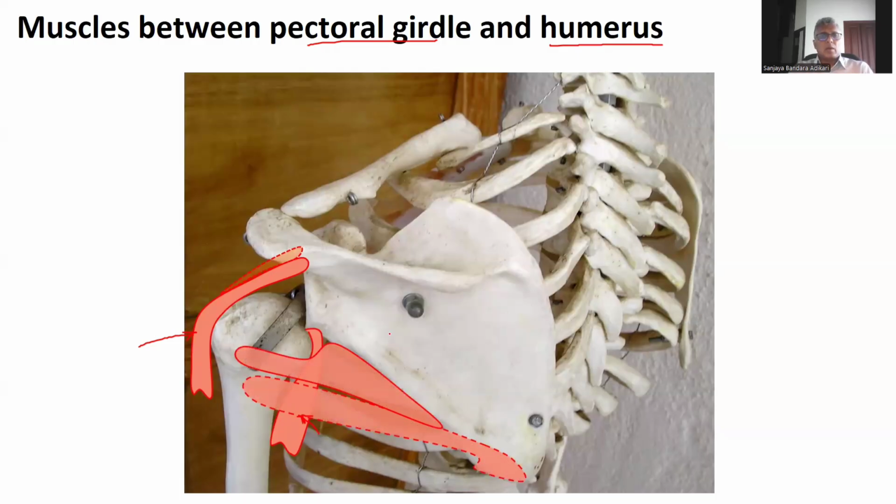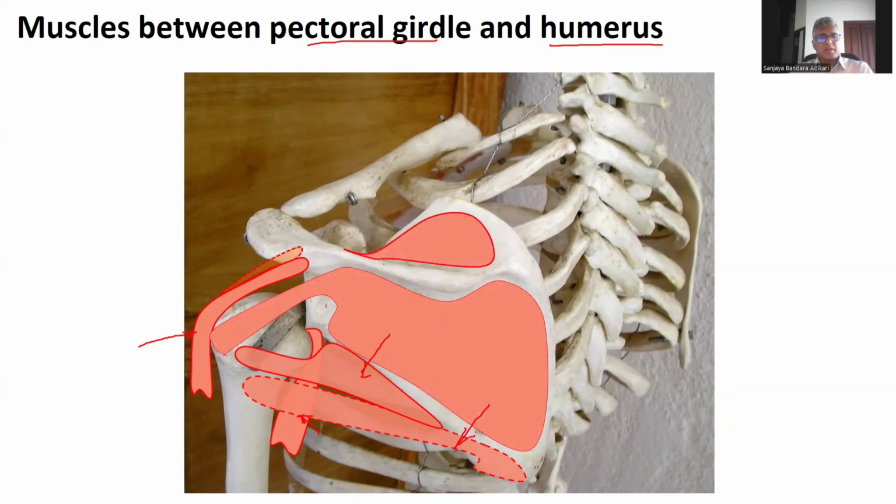Then you have teres minor and teres major muscles. Then you have infraspinatus, you have supraspinatus. Then on the anterior side, you have subscapularis attached to the subscapular fossa of the scapula.